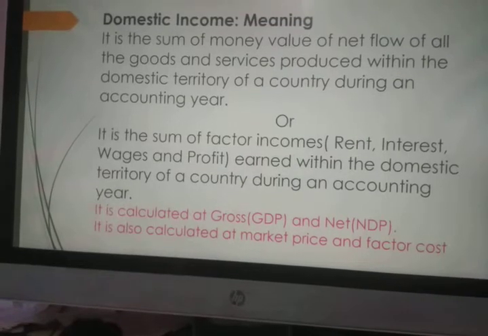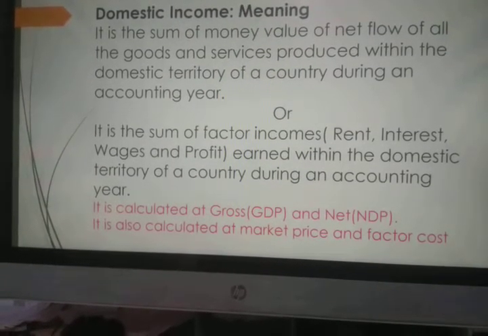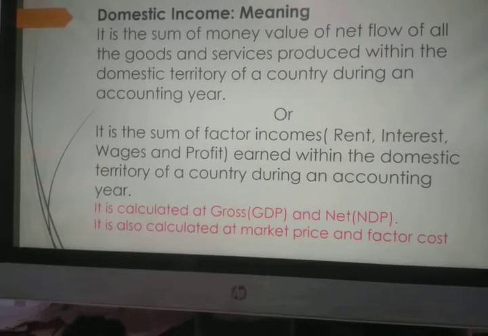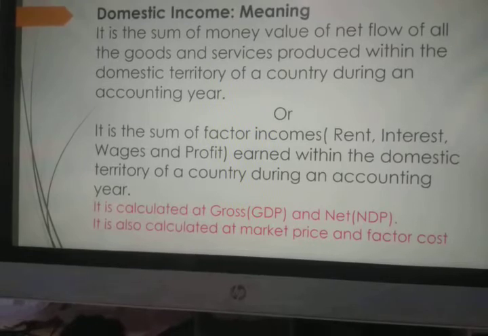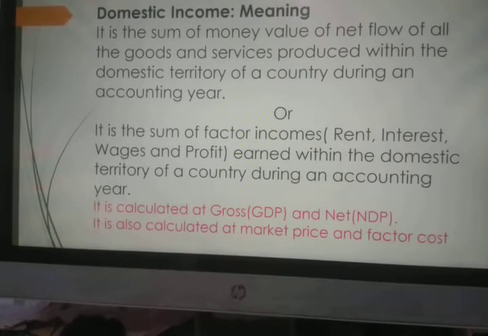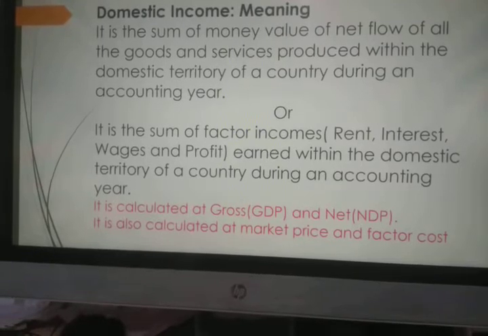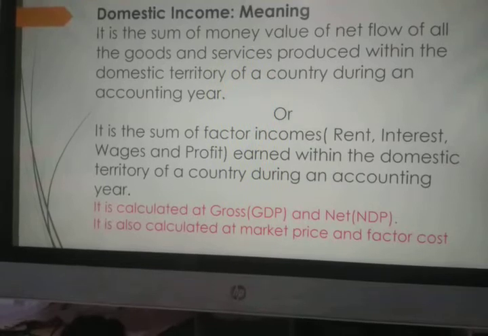The next concept is domestic income. Domestic income is the sum of money value of the net flow of all the goods and services produced within the domestic territory of a country during an accounting year. This time you have to see that you are talking about the domestic territory of a country.